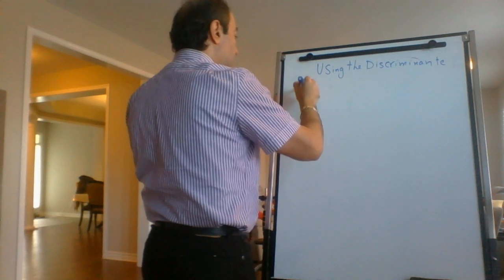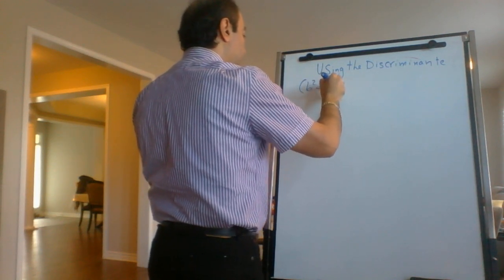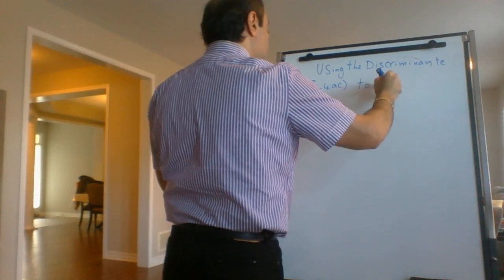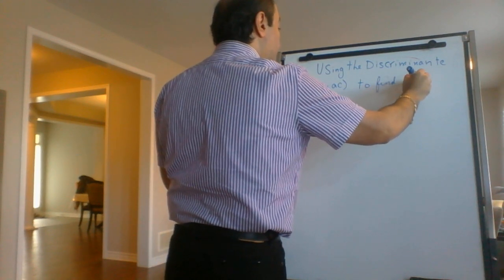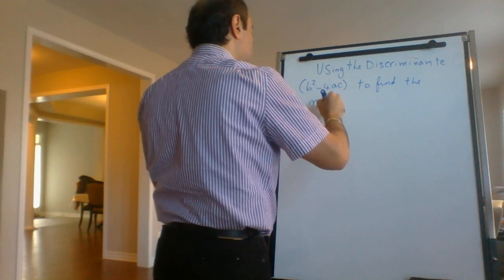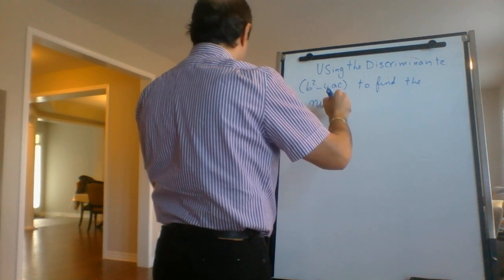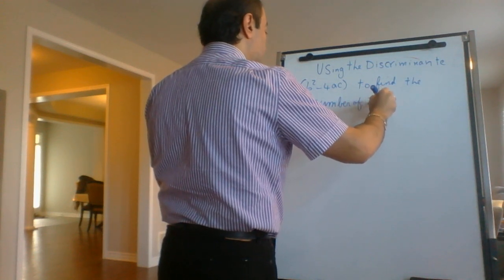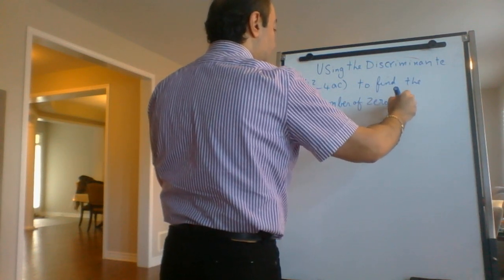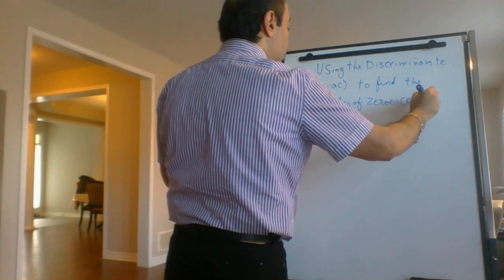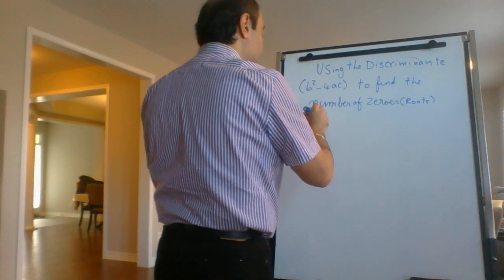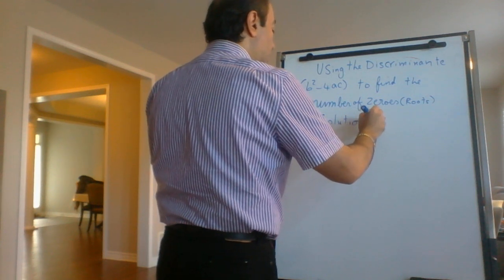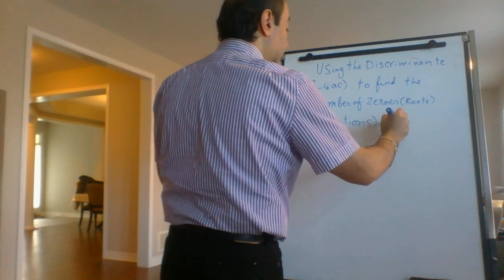It's b squared minus 4ac, to find the number of zeros. Remember we said that, or roots, or solutions, or x-intercepts.